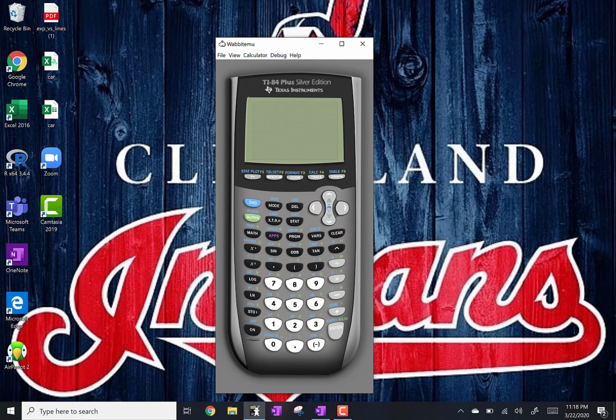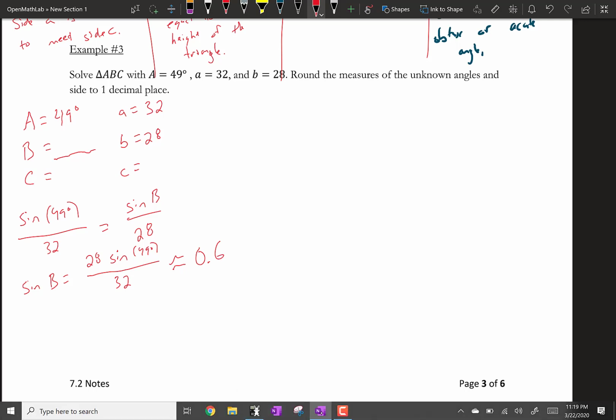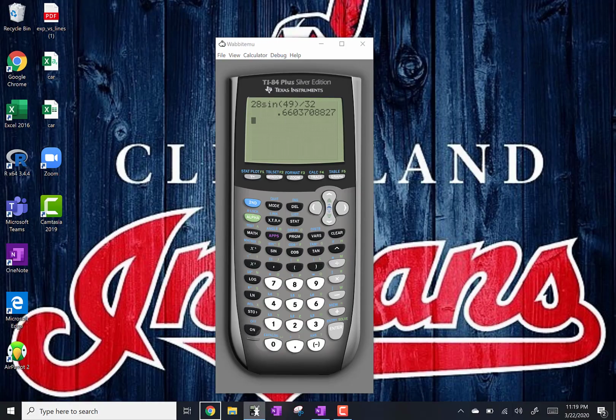So if I just put in what we had, 28 times the sine of 49 divided by 32, that's a positive solution, a number in between -1 and 1 like we would expect. We would hope that that's happening. In other words, this is roughly 0.66.